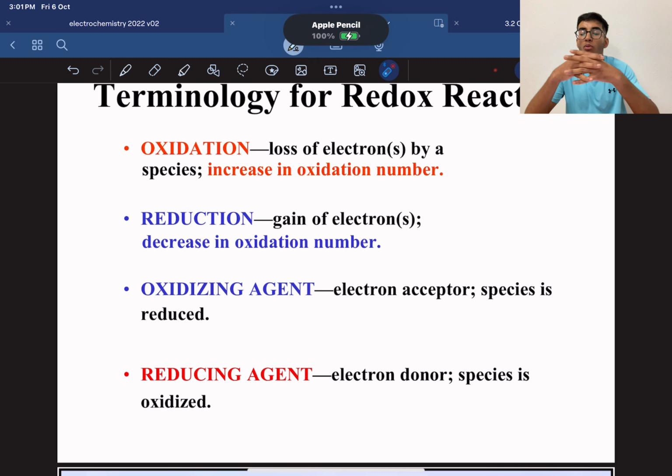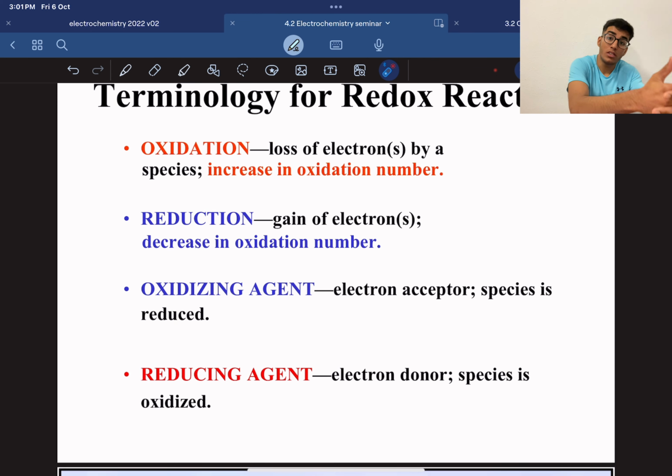Oxidizing agent. Let me tell you a simple rule for oxidizing agent and reducing agent. If an object is getting reduced, if I myself am getting reduced, that means I'm a good oxidizing agent. Let that sit. If I am getting reduced, I will be a good oxidizing agent.